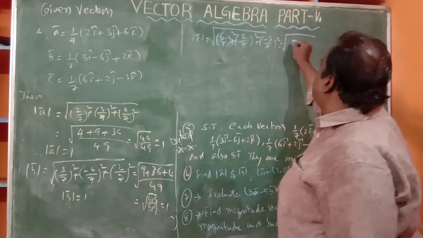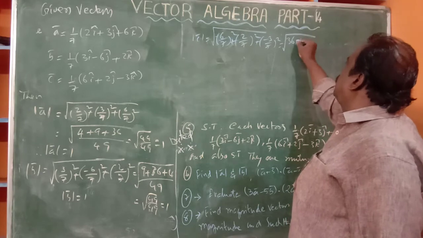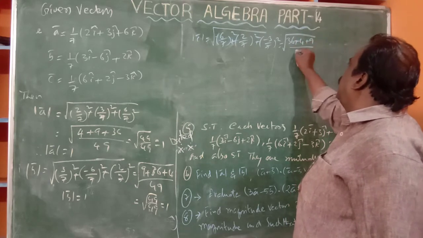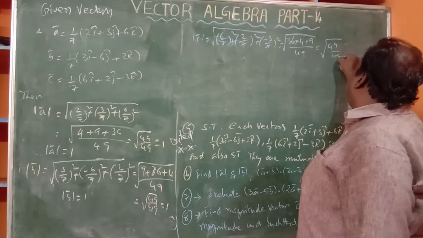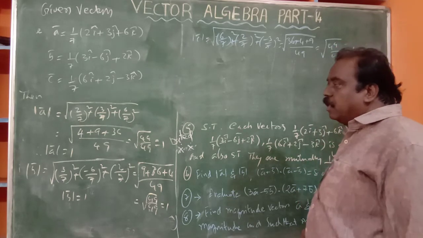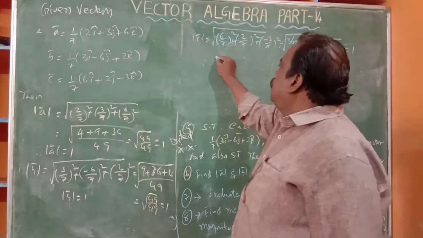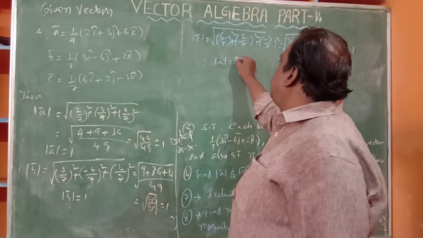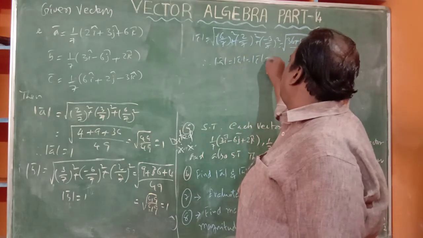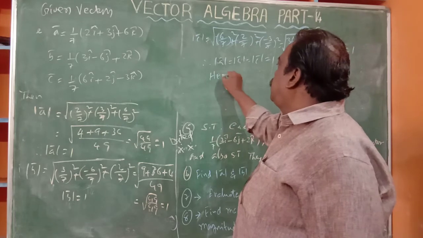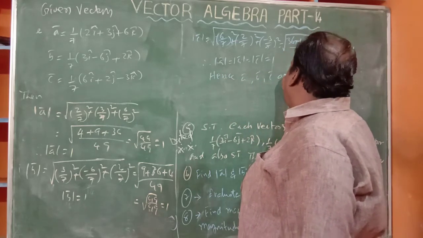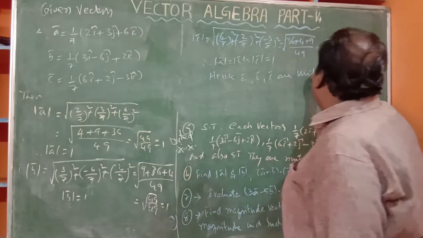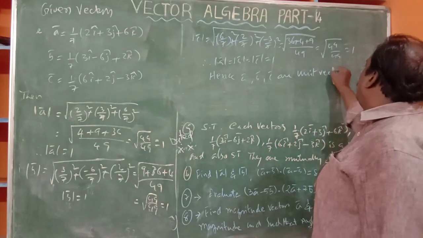Here also it is (36 + 4 + 9)/49, that is 49/49, 1. Therefore, mod a bar is equal to mod b bar is equal to mod c bar is equal to 1. Hence, a bar, b bar, c bar are unit vectors.